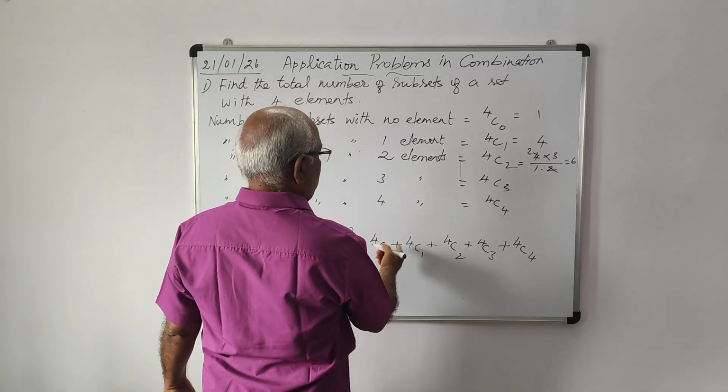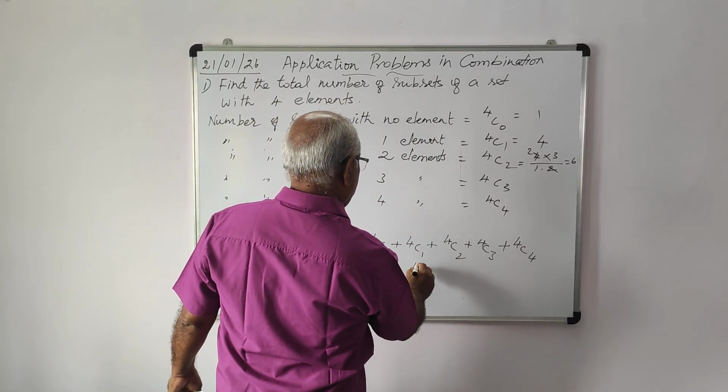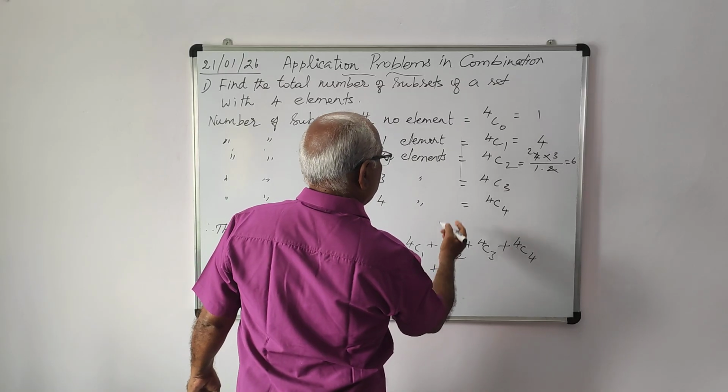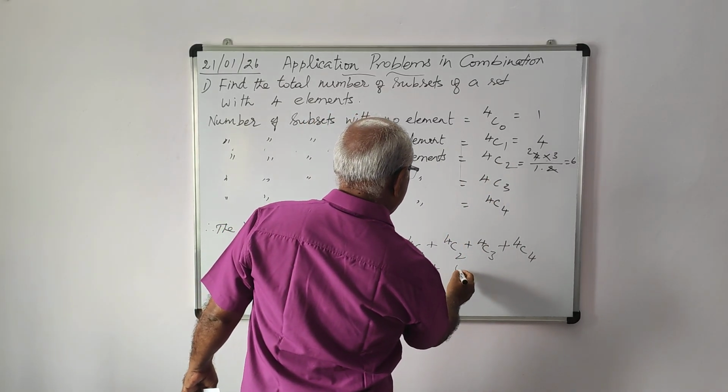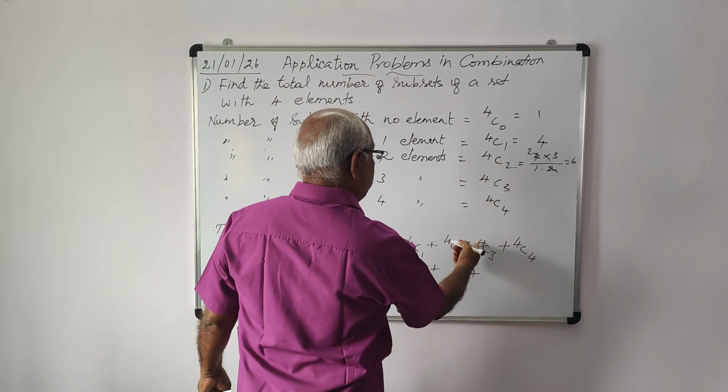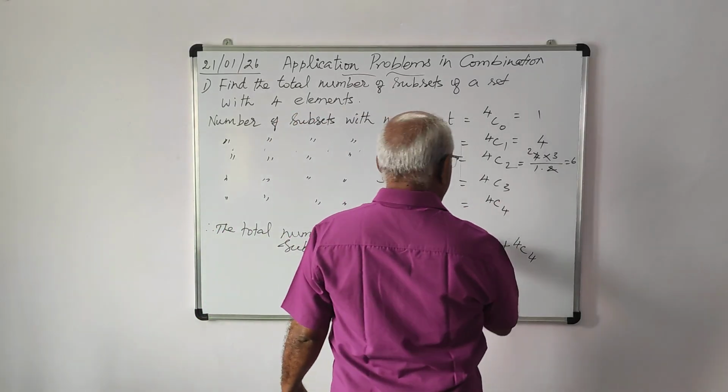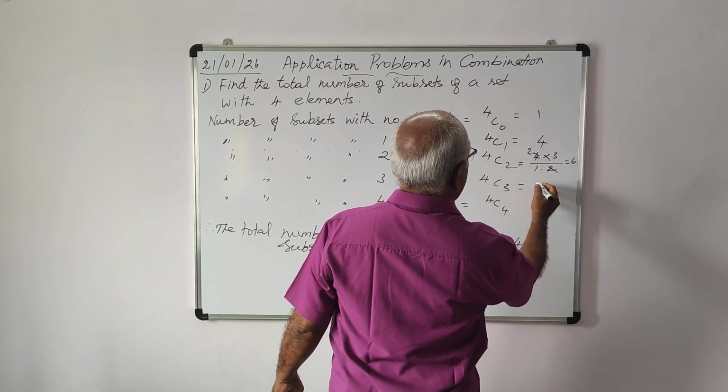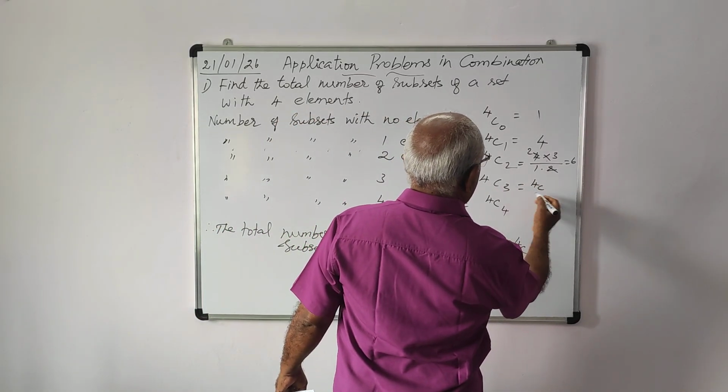So 4C0 is 1, 4C1 is 4, 4C2 is 6, plus 4C3, which is nothing but 4C1.